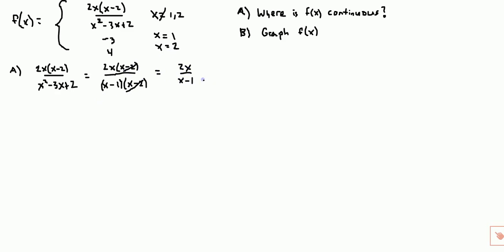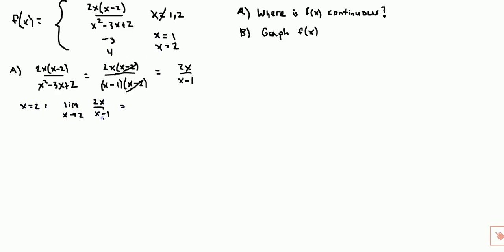So start off with checking x equals 2. We're going to check to see if the function is continuous there. We know that f of 2 is defined, so let's go ahead and see if the limit exists. The limit as x approaches 2 of 2x over x minus 1.